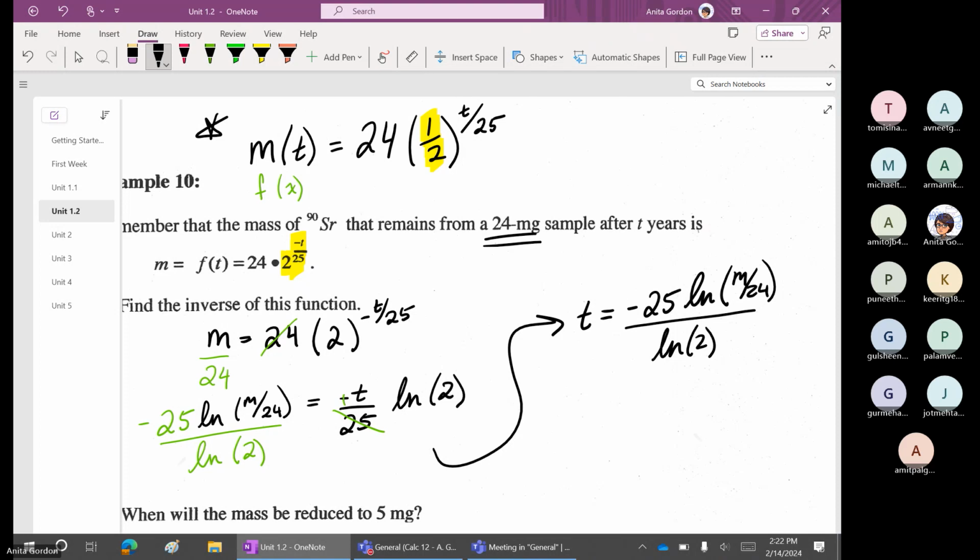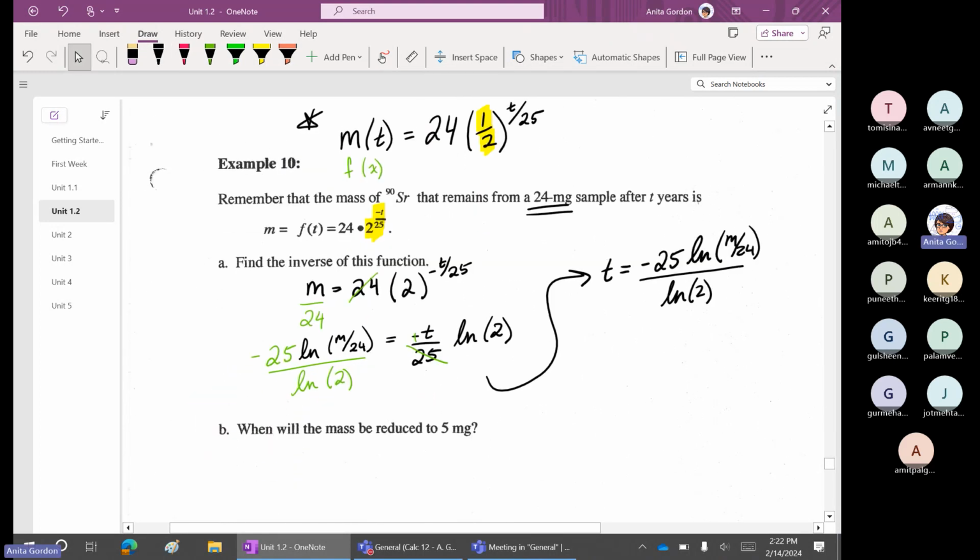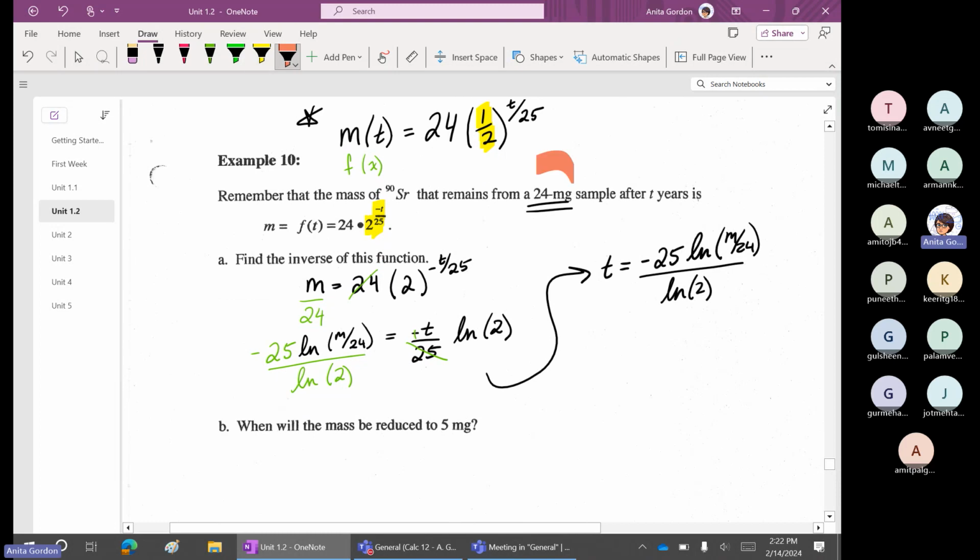So if you started with 24 milligrams of strontium 90, and it's now reduced to 5 milligrams of strontium 90, how much time has passed since then? How do you do that?